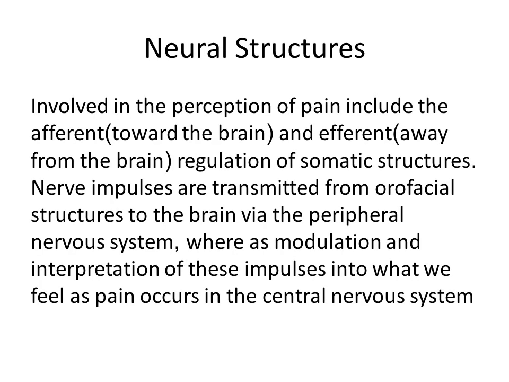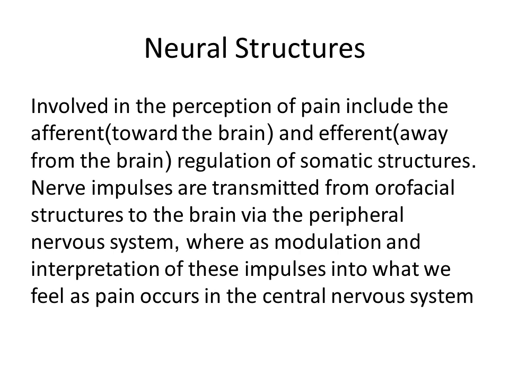For the neural structures, the perception of pain includes afferent fibers and efferent fibers. Afferent fibers take the signal toward the brain and are mostly sensory, and efferent fibers bring the signal from the brain to the body to regulate the somatic structure.